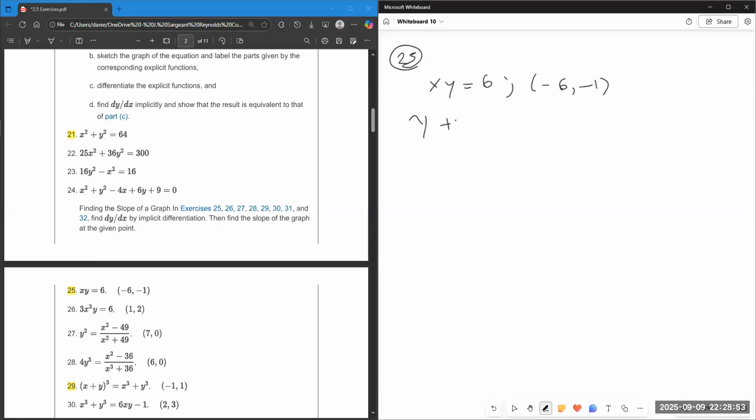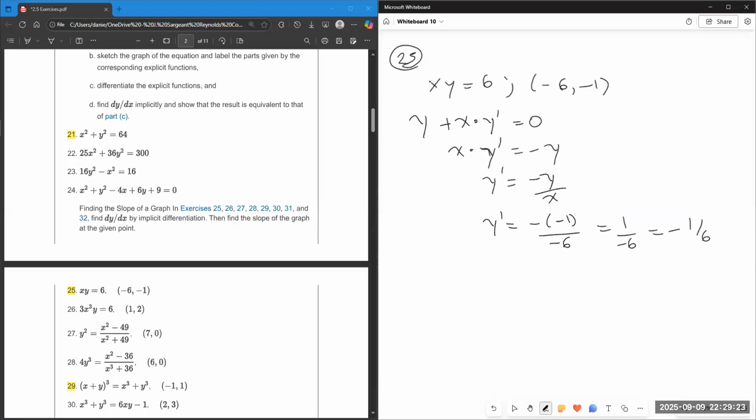So y plus x times y prime is equal to 0. x times y prime is equal to a negative y. y prime is a negative y over x. So y prime will be a negative 1 over a negative 6, will be a positive 1 over a negative 6, or a negative 1/6 when the point is at -6, -1.